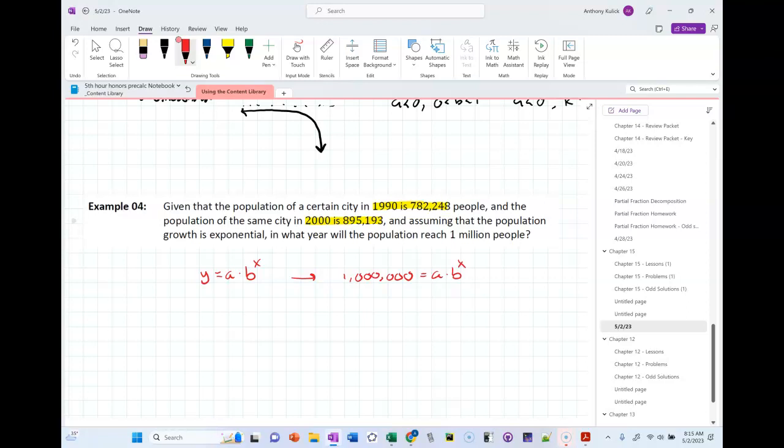So the first step is to write that exponential equation. The second step will be to, once I have it, set it equal to 1 million to solve. So for step 1, the way I read it is the years are my independent variable, that's my input. And the population is like the y coordinate, the dependent variable.